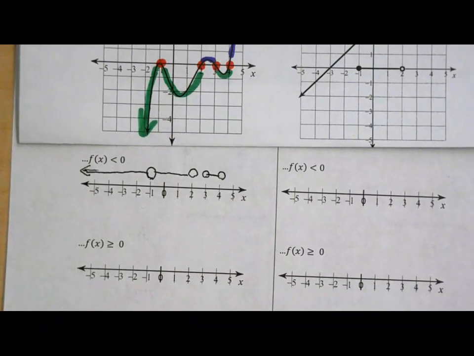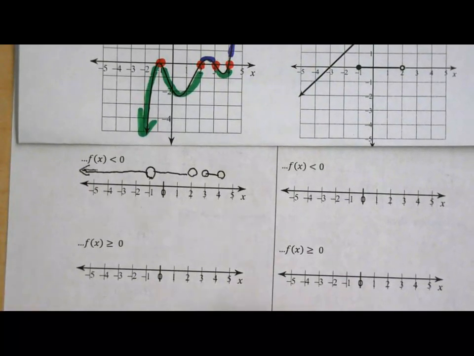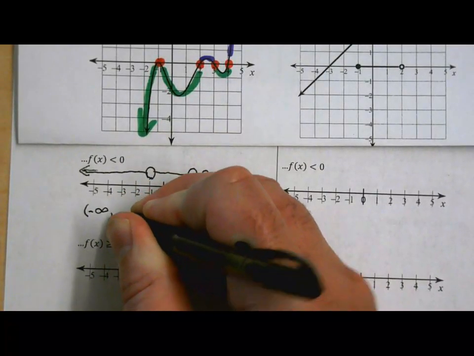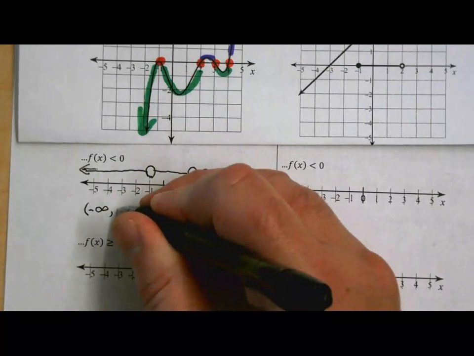So you're right, it looks like 3 intervals that we need to write out. Make sure you always start on the left and move towards the right as you go. Infinity, -1.